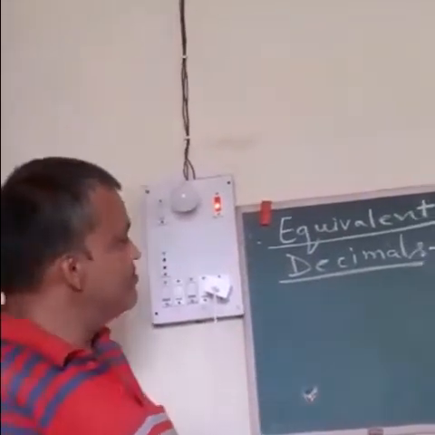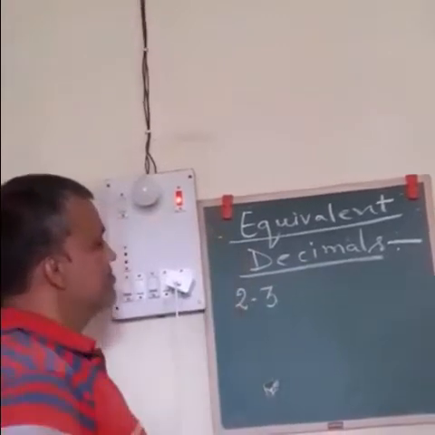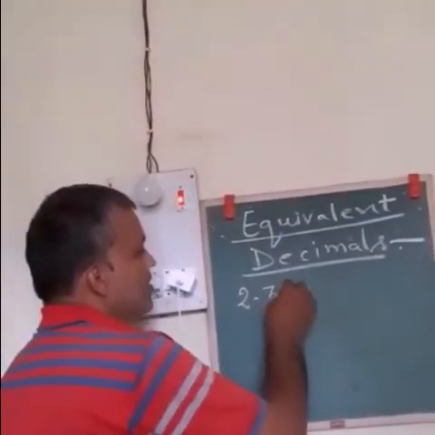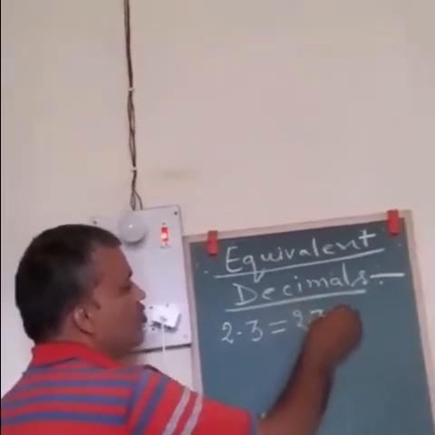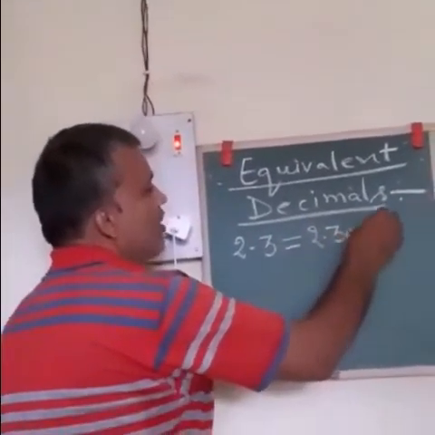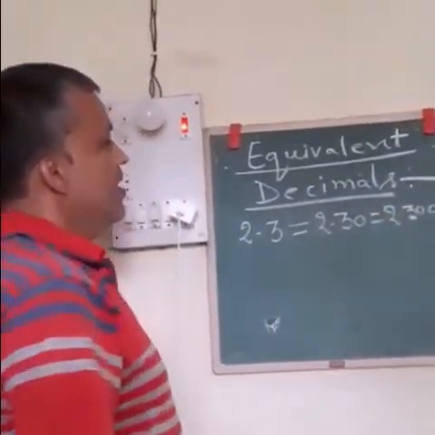As for example, 2.3 is equal to 2.30 is equal to 2.300 and so on.